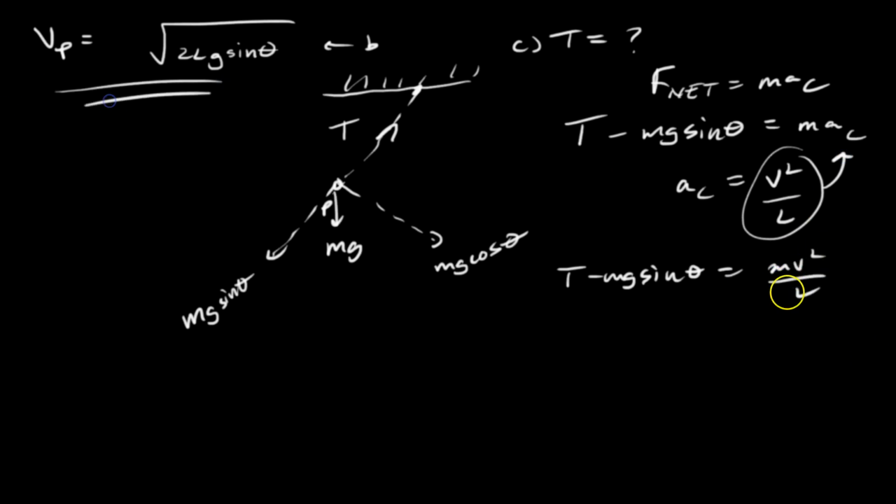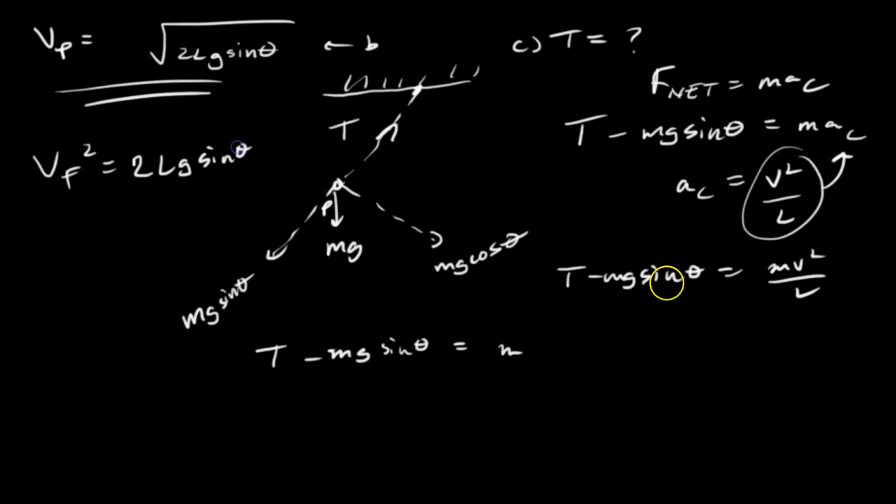We just found it in part B. So T minus mg sine of theta is equal to m times v squared. What's v squared? We just square this thing. So if Vf is equal to this, Vf squared, when you square a radical, it just cancels out. So you're just left with 2Lg sine theta. So we're going to have m times 2Lg sine of theta over L.